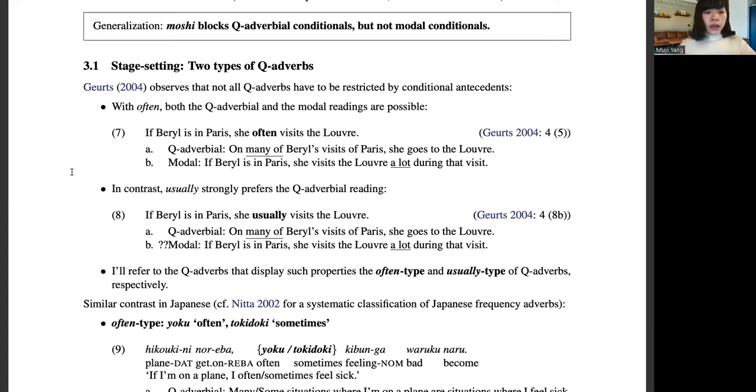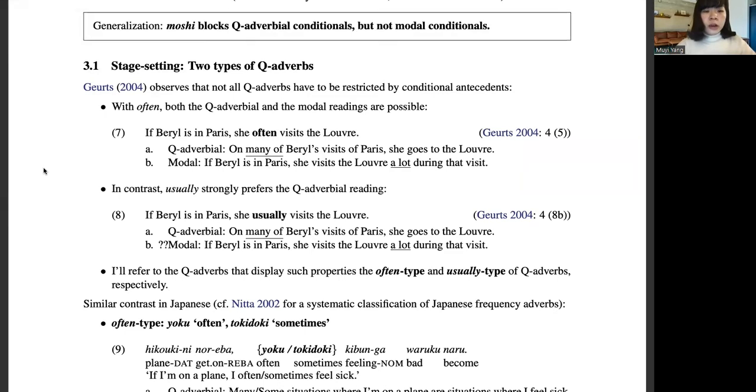In a 2004 manuscript, Hertz observes that not all Q adverbs have to be restricted by conditional antecedents. And he crucially discusses this distinction using the adverb often and the adverb usually.